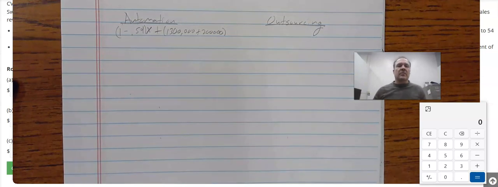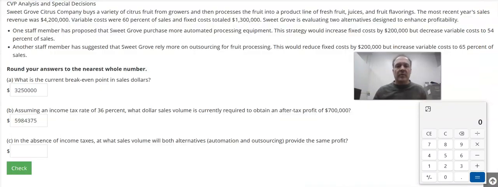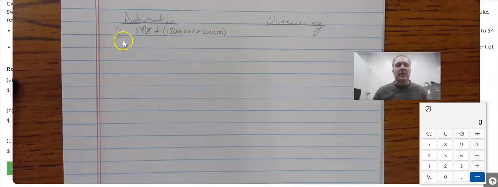Let's go back over here to the question. We already had 1.3 million in fixed costs, and we are going to incur an additional 200,000. We also have to recalculate our contribution margin: 1 minus 54% variable cost percentage, and then we have to add to that our fixed costs.